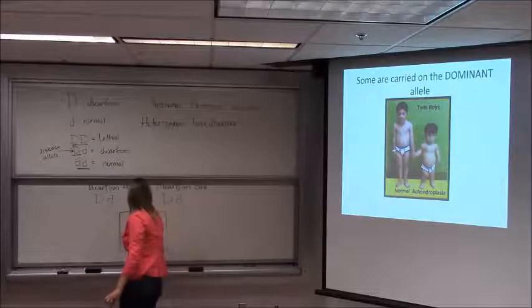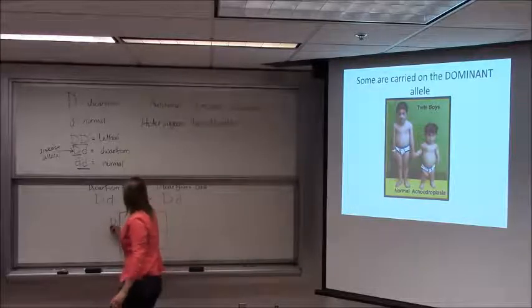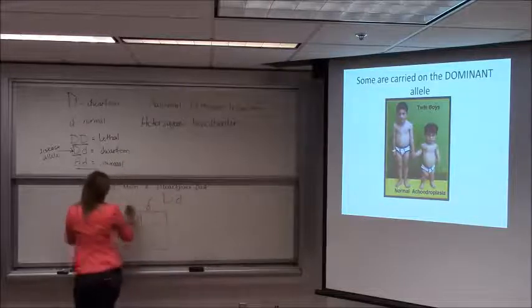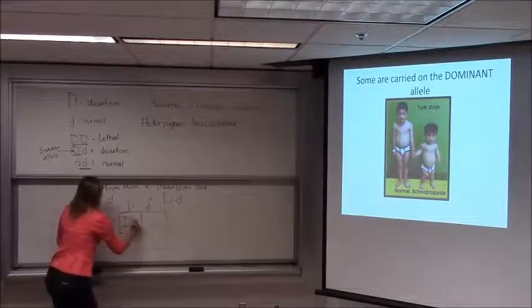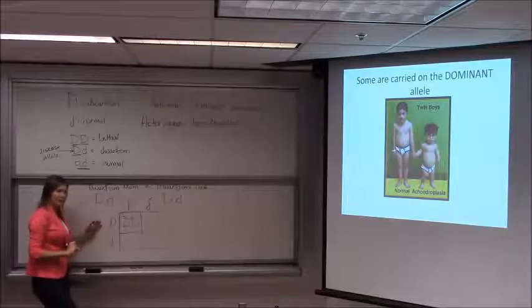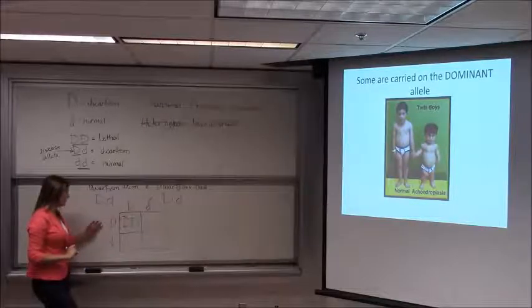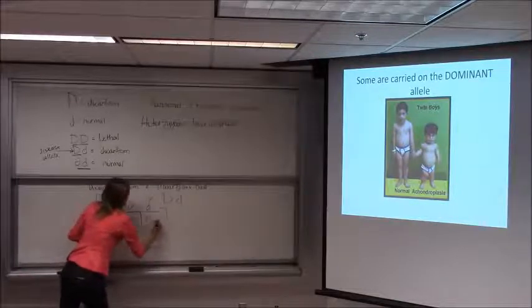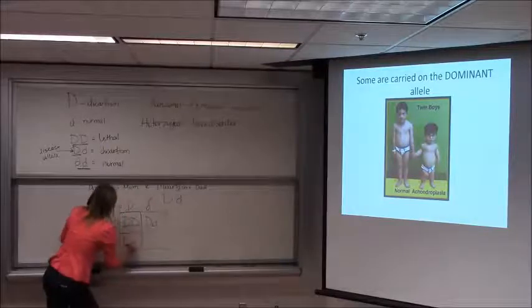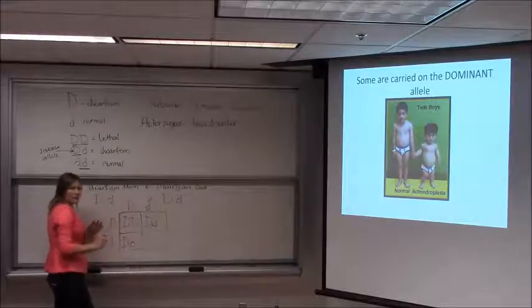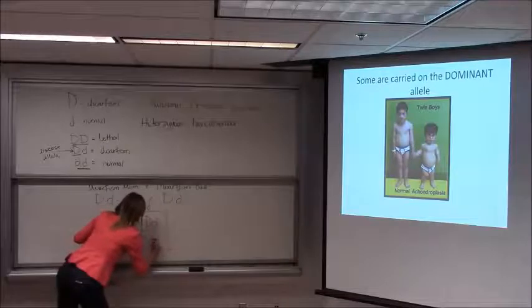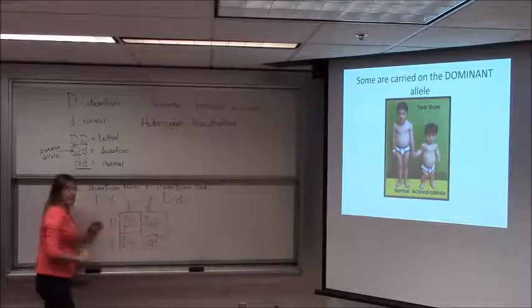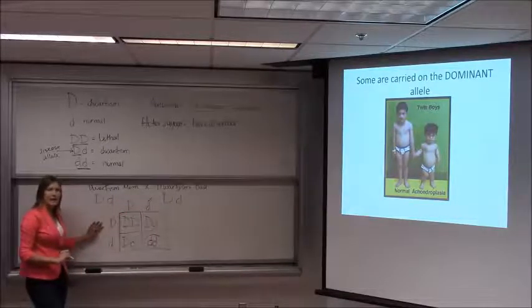So two heterozygous individuals. Look at this. This isn't good. Our first offspring, lethal. 25% lethal. 50% are going to have dwarfism. But look at this. This is crazy. Two parents with dwarfism, 25% of their offspring on average are going to not have the disease at all.